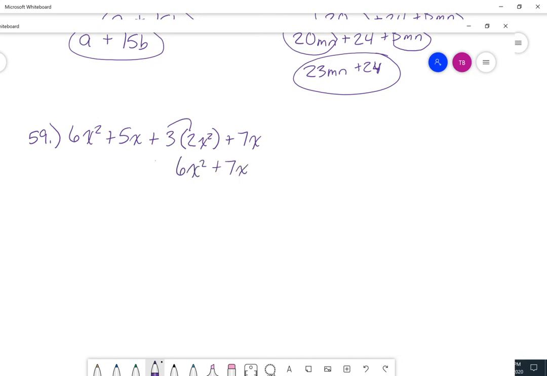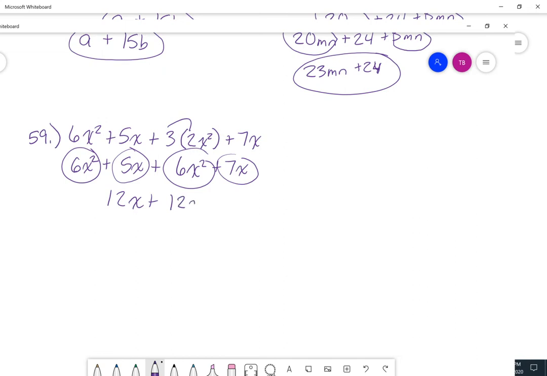Bring down everything else. Okay, I'm going to first add my x's, so 5 and 7, I get 12x, plus 6x squared plus 6x squared gives me 12x squared. And there's my answer.